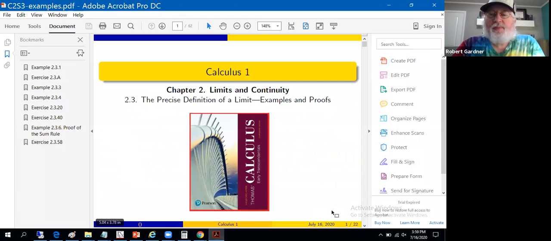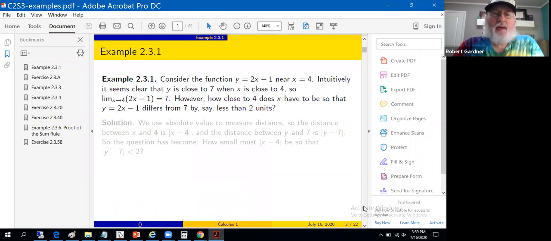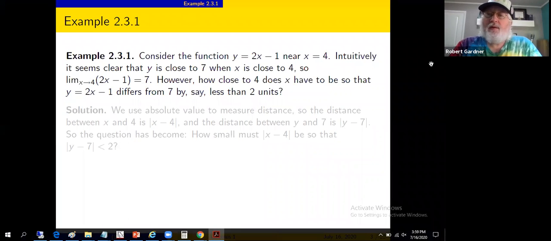So let's go to the supplemental notes, trying to motivate what will be the formal definition. Consider the function y equals 2x minus 1 and x near 4. It seems intuitive that if x is close to 4, then 2x minus 1 is close to 7.